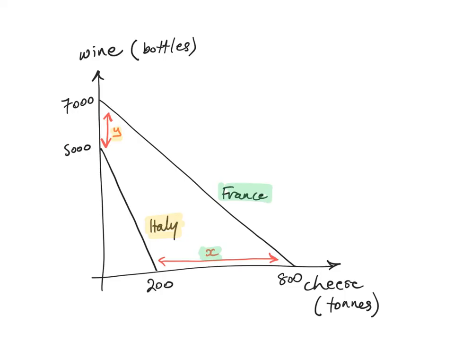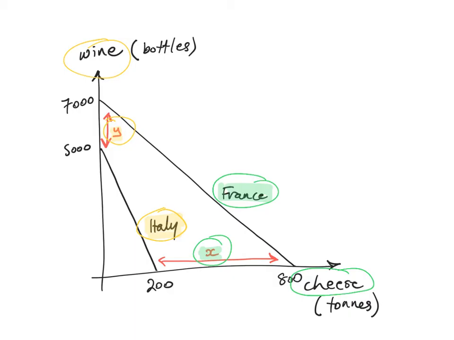So let's go back to the original diagram. We saw that France has a comparative advantage in the production of cheese, while Italy has a comparative advantage in the production of wine. Without doing those sometimes confusing calculations, even though you need to be able to do them, just by looking at the diagram, you can deduce which country has a comparative advantage in what.